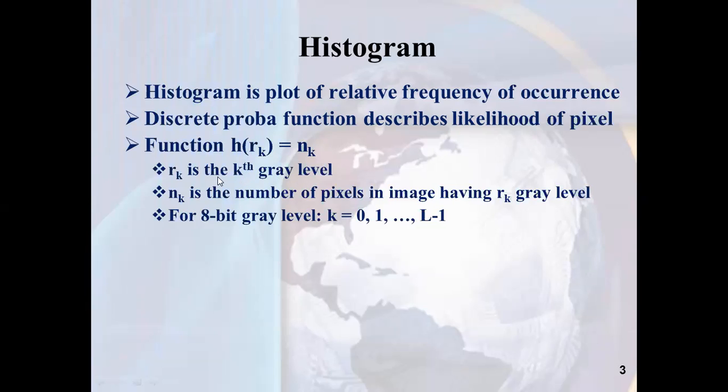As we said, gray level rk starts at 0 for black until 255 for white. For the pixels that have value 0, we have the number n0, which is the number of pixels that have value 0. For r1, which is the value 1, how many pixels have 1, and so on.